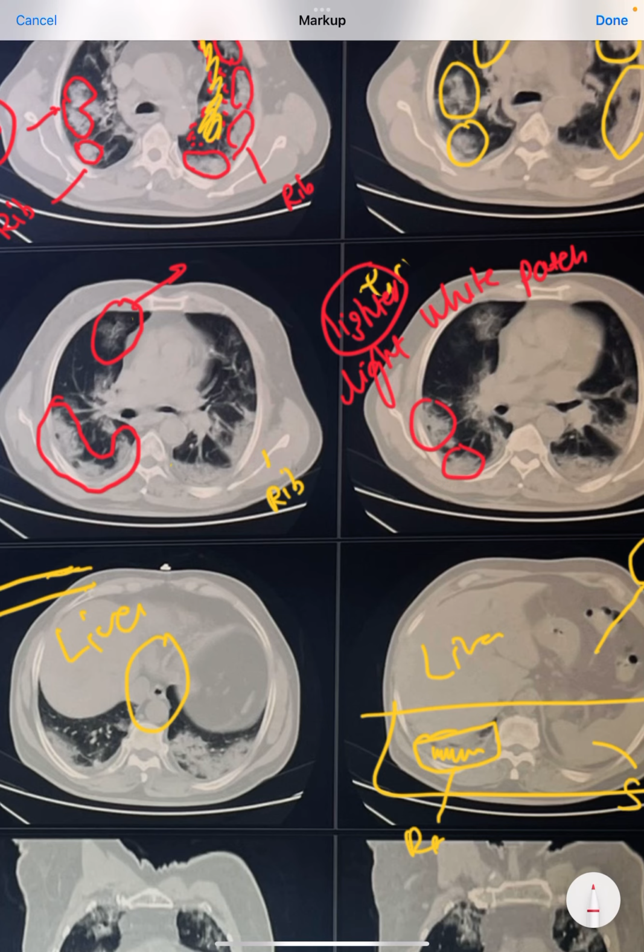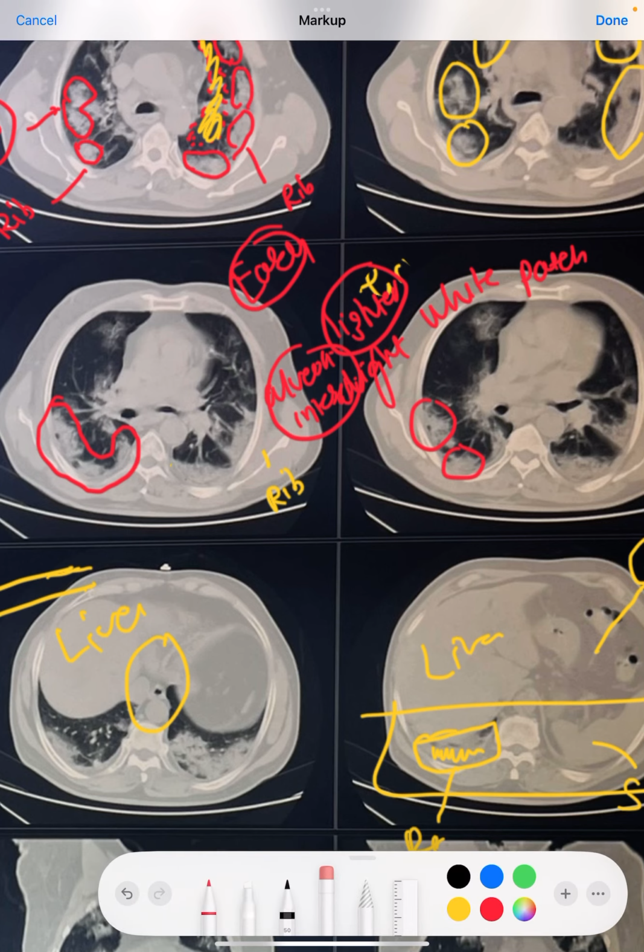This is because this is one of the early lesions. Whenever lung involvement starts, there is initial involvement of the alveoli and initial involvement of the interstitium. Because of this infiltration of the alveoli and interstitium in the initial phase, you get such faint white patches which are kind of uniform, and these are called GGO, ground glass opacities.